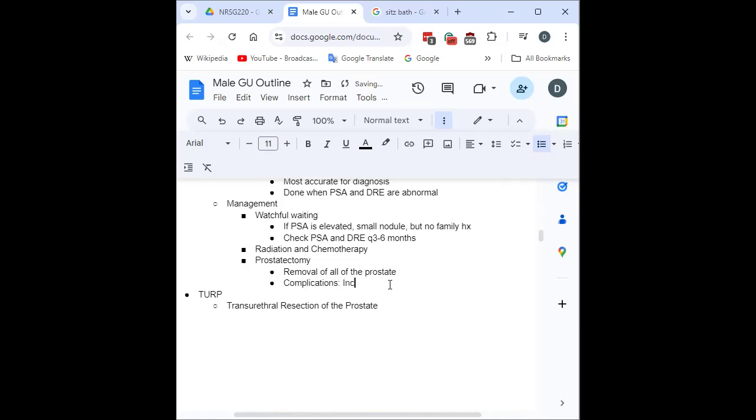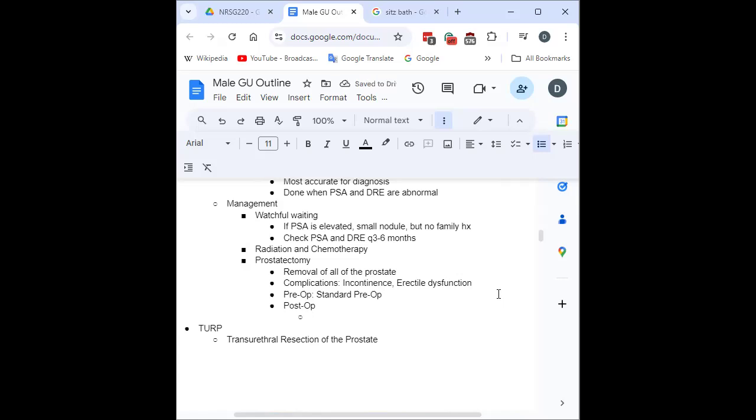Your complications involve incontinence and erectile dysfunction. Pre-op and post-op care is pretty standard, and by now we should know our standard pre-op and post-op.